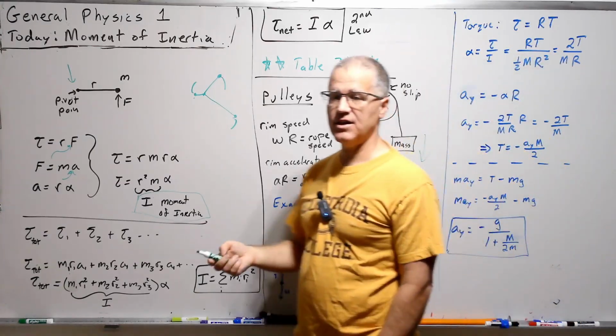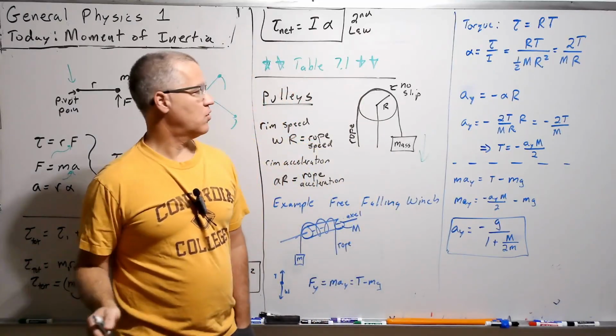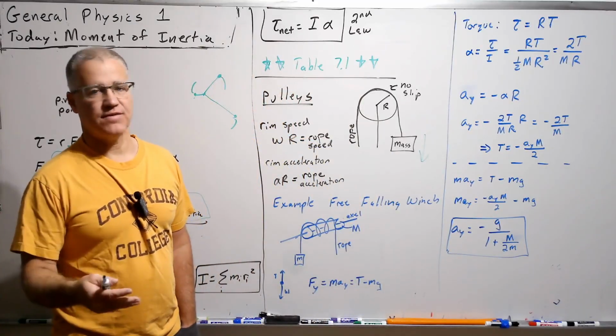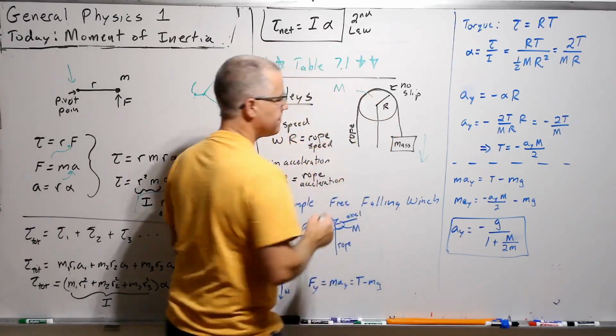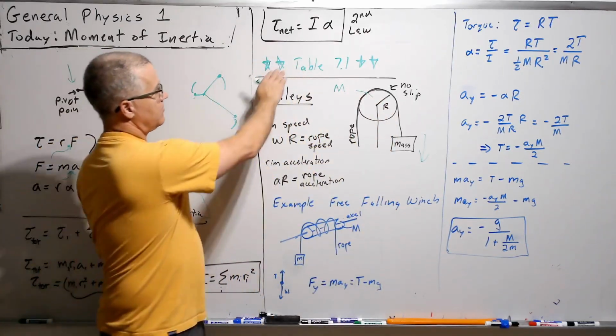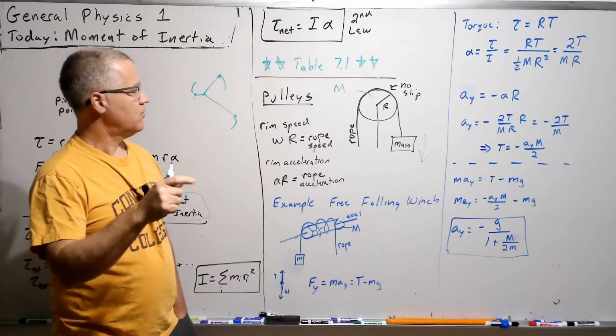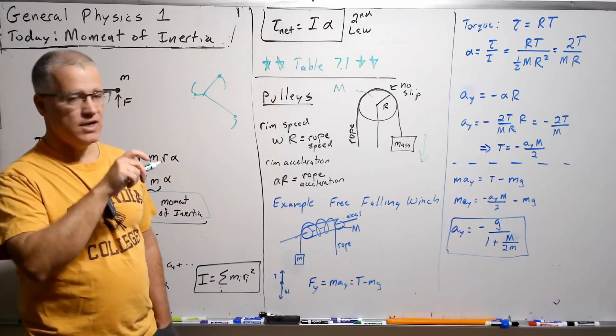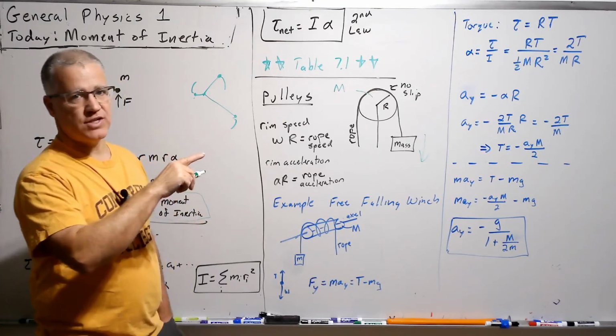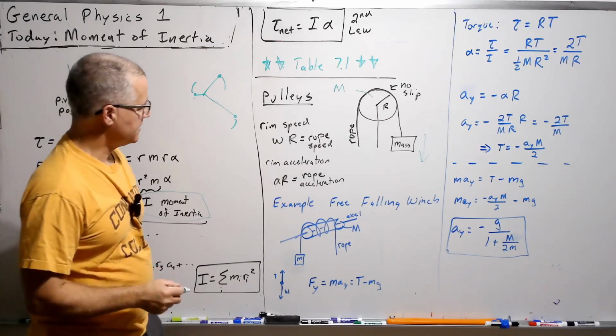Now in the past, when we ran into pulleys, we just ignored the mass of the pulley. Well, in this case, we would have to include the mass of the pulley, right? And then we would go to this table and look up, if this was a disc shape, what's the moment of inertia for a disc. Okay, so now we're able to handle pulleys, real pulleys that have actual mass.